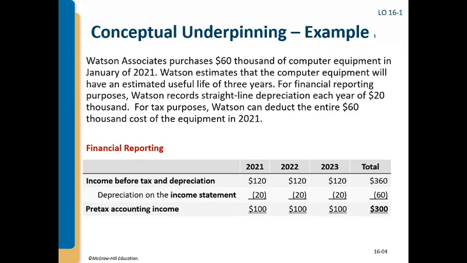Okay? And so if you look at the bottom couple of lines here, you have your income before tax and depreciation, and then you have your depreciation on the income statement. So that's it for financial reporting. And so pre-tax accounting income is $100 per year for 3 years.